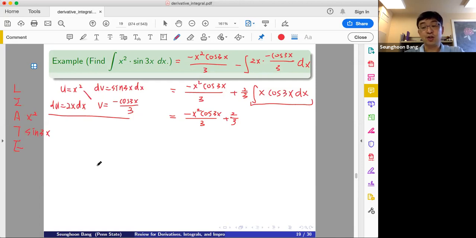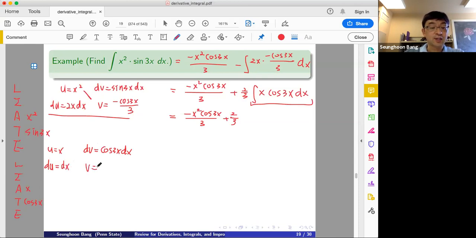You can use integration by parts again because of LIATE. x is an algebraic function. Cosine 3x is a trigonometric function. What is u? u equals x. The dv is cosine 3x dx. Find du. x prime is 1 times dx.